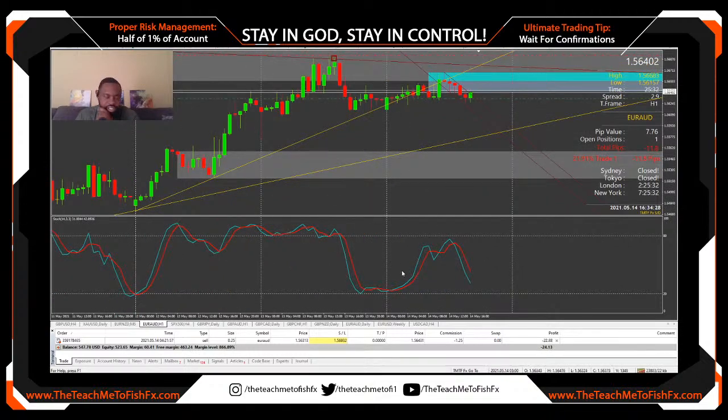I hope that made sense. I think I was going fast over that. But yeah, we're getting a retest of this 4 hour zone here on Euro odd. And so we get a push down. Let me see where.